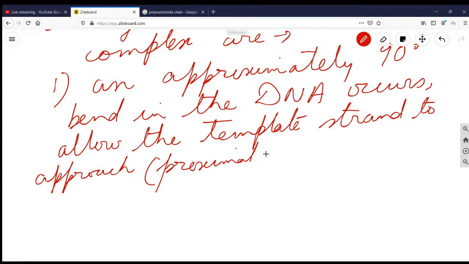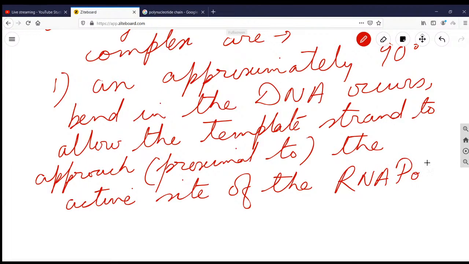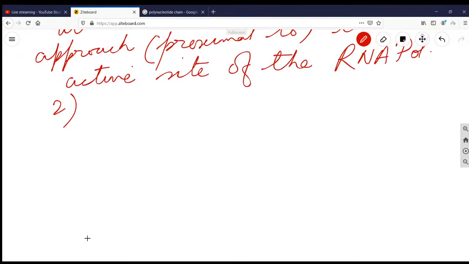We all know that the active site of the enzyme catalyzes the reaction. So it must approach the active site of the enzyme. Enzyme is RNA polymerase itself. So that is why this is the first change that occurs. DNA will be bent by 90 degrees.